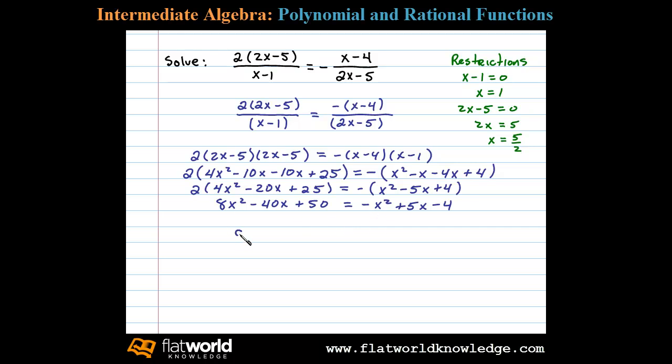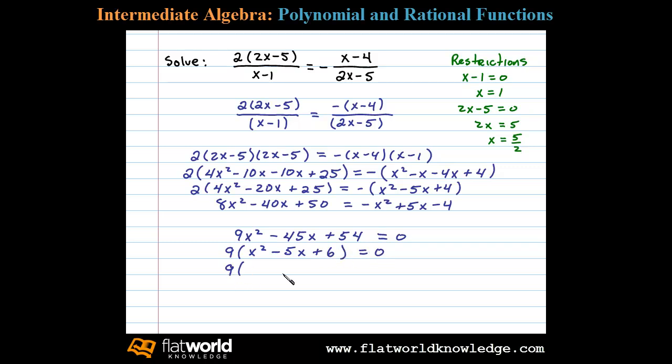So that'll give us 9x squared, subtracting 5, minus 45x, and then adding 4, we have plus 54 equals 0. Now I notice there's a GCF, so let's go ahead and factor out the 9. We have x squared minus 5x plus 6, and that'll be equal to 0.